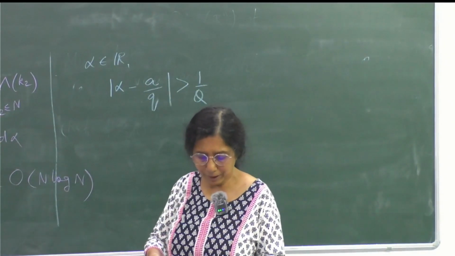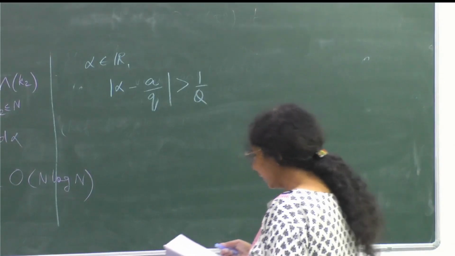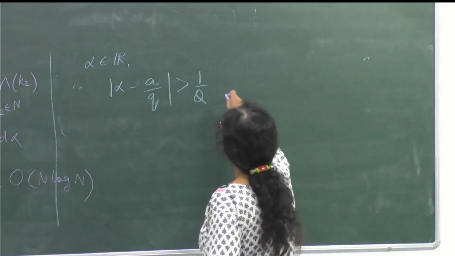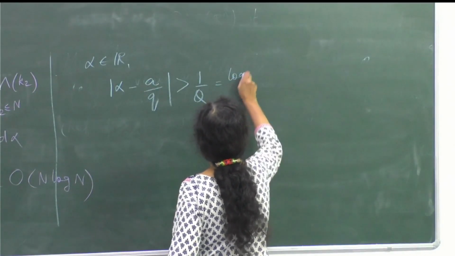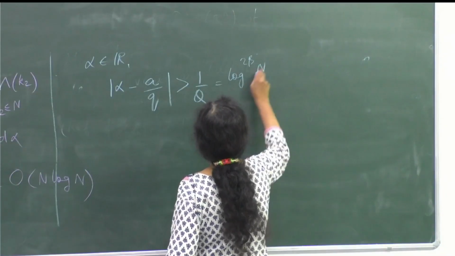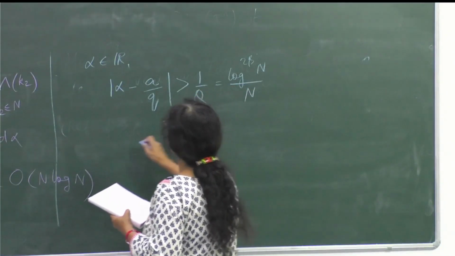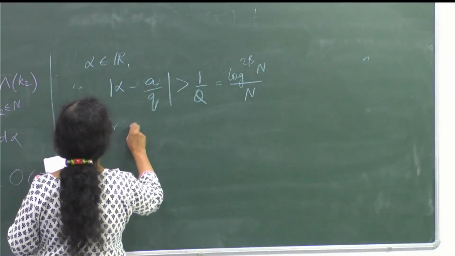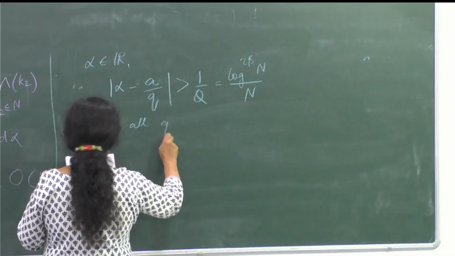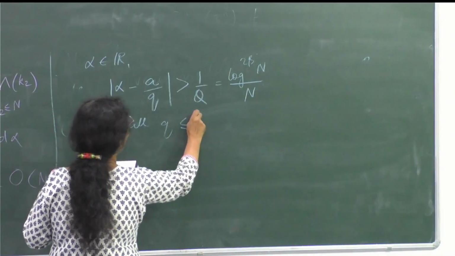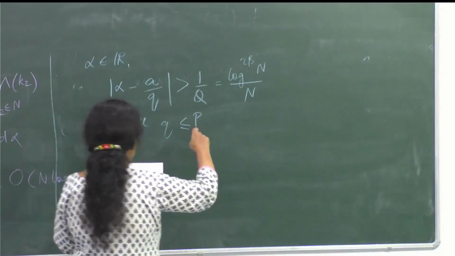It's greater than 1 by q, and that's log 2 beta n by capital N, for all little q, which is less than or equal to p by my definition.